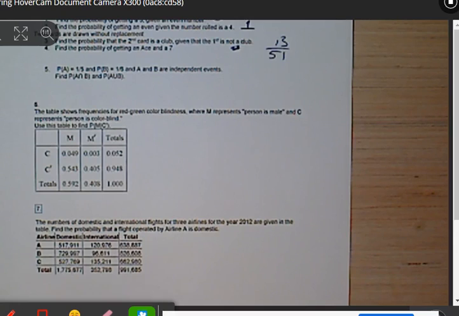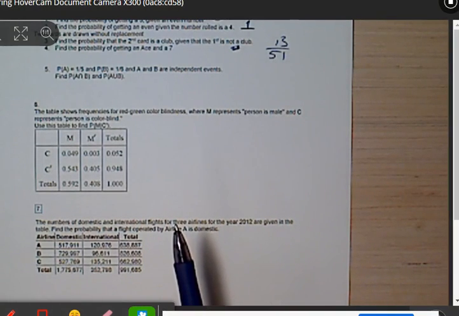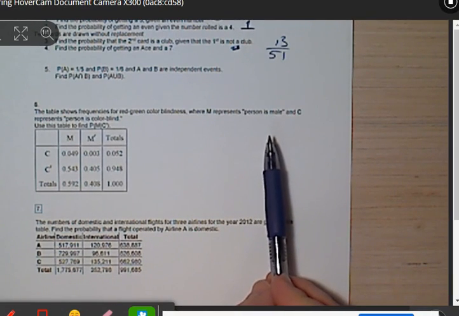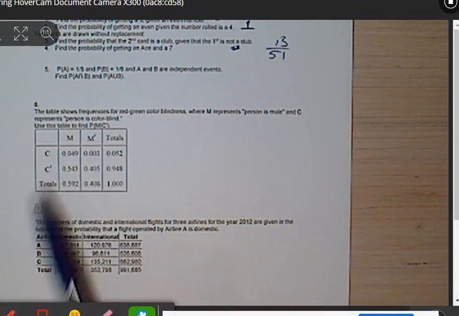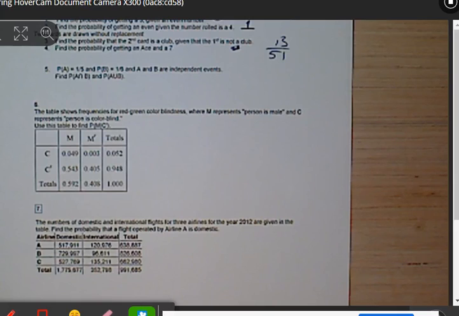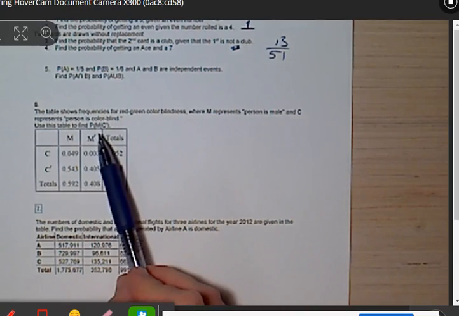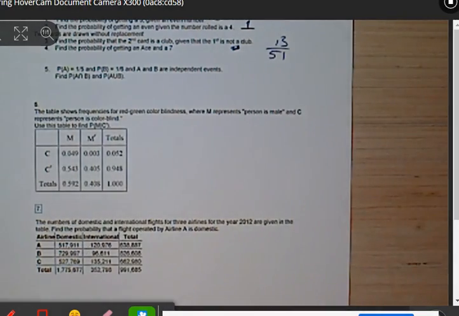For number 6, you've got a table here, and it's talking about color blindness. M represents the person as male, C is colorblind, so M prime is female, C prime is not colorblind. And it gives us this big table of everything that's here. So the one question asked for in this case is, what's the probability of M, the person is male, and that they're colorblind?